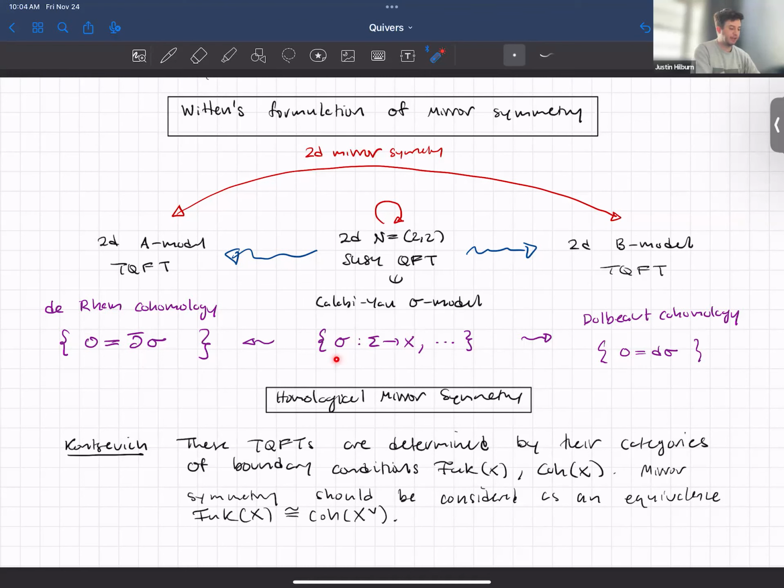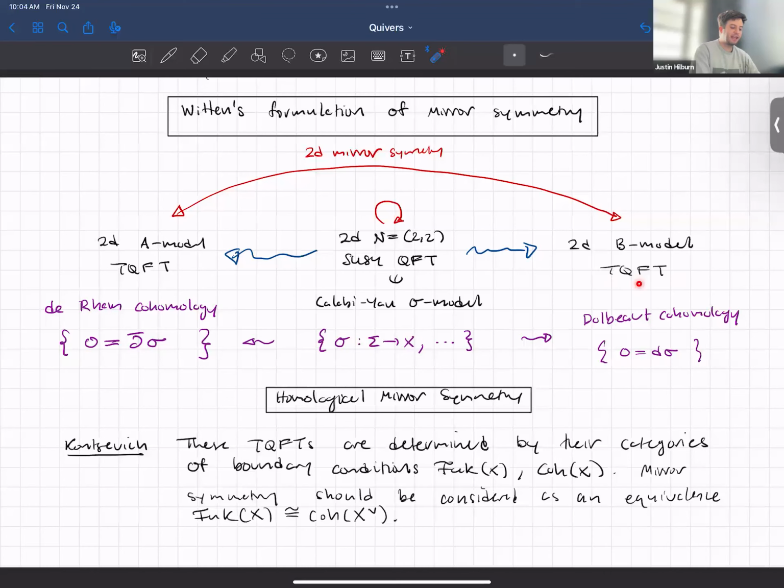In the actual quantum field theory, the field sigma obeys some more complicated equation, but after you twist, it just obeys the equation that it's holomorphic. And the fermions in the theory basically end up telling you that you're studying de Rham cohomology.